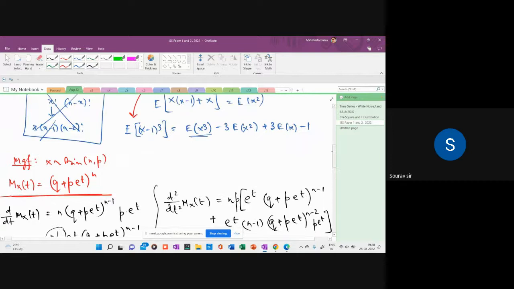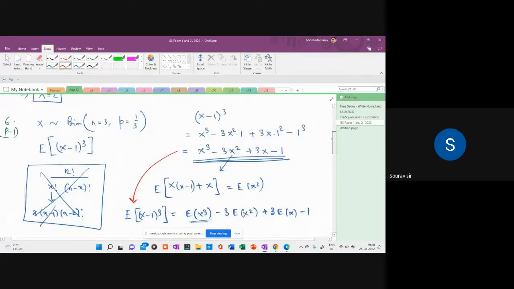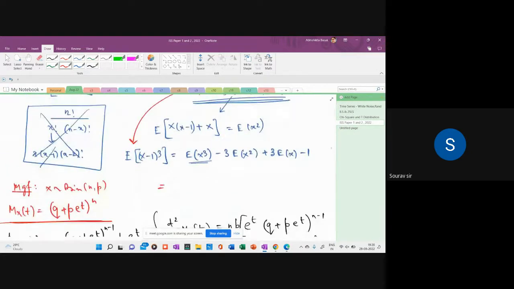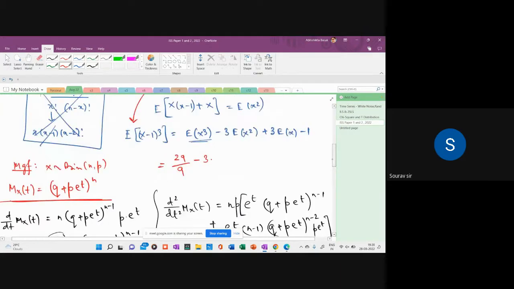So the value is going to be 29 by 9 minus 3 into the expectation of x square, which is 5 by 3, plus 3 into 1 minus 3. That is 29 by 9 minus 5 plus 3 minus 3. So that is 29 by 9 minus 5.